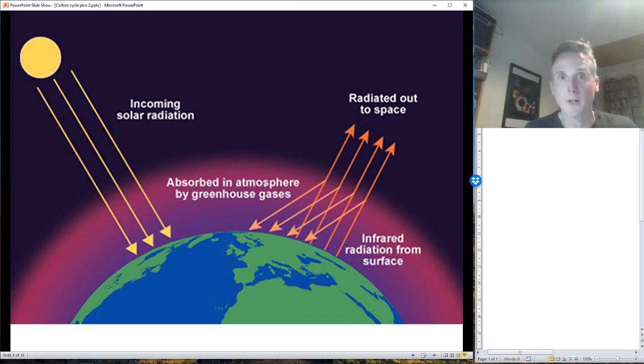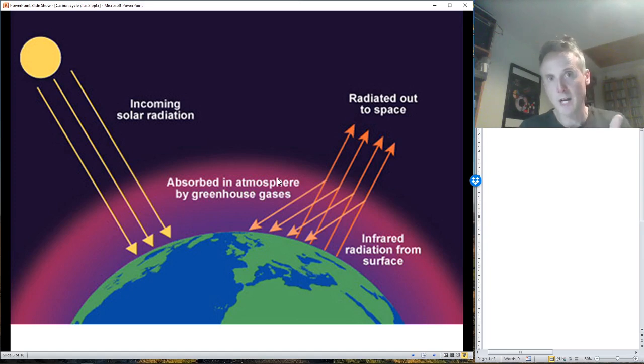Whereas we have an atmosphere that traps some of the heat. So the gases in the atmosphere warm up, they absorb the infrared radiation, and CO2 does a lot of that. Water vapor does loads of that as well. So that's a natural gas in the atmosphere that keeps our planet warm. However, methane is a very good gas at holding heat. So if there's methane or CO2 in the atmosphere, then that can trap more heat.